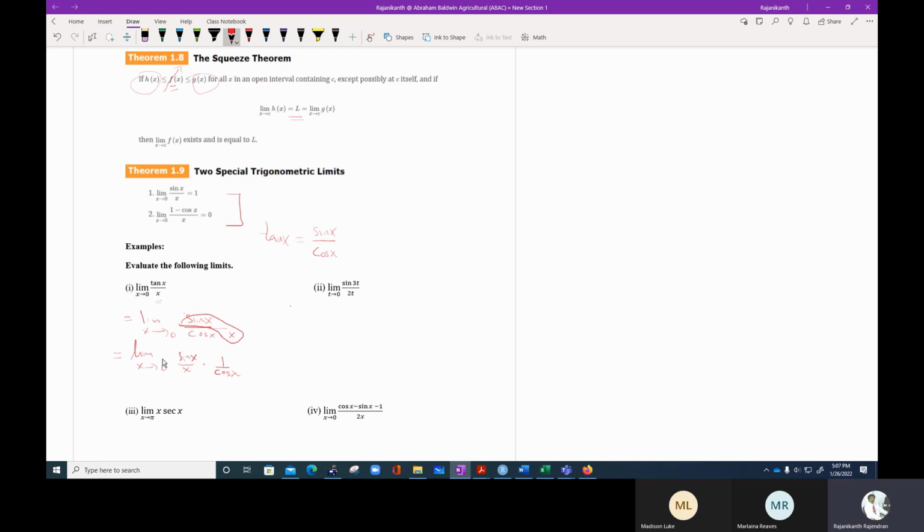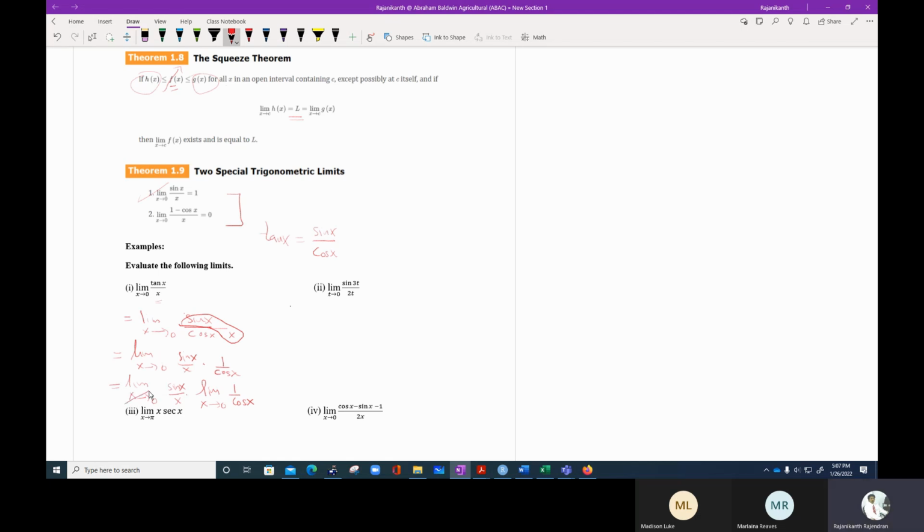Okay, so we have the limit properties. If you have a product of two fractions, you could split them into two limits. So this is going to be the limit as x goes to 0 of sine x over x times the limit as x goes to 0 of 1 over cosine x. By using the properties here, property number 1 says the limit as x goes to 0 of sine x over x is 1.